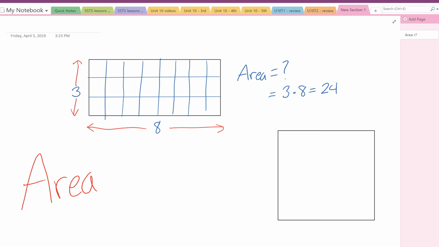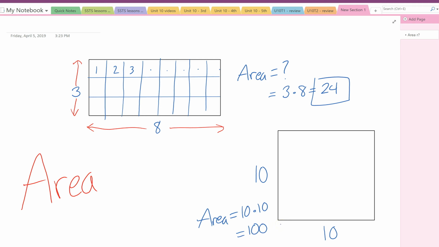And so then if I went through and counted up all these squares, I would get 24. But basically the idea is if you know the base and the height of a rectangle, you can calculate its area. Same goes for squares. If I knew that this square was 10 by 10, I would just multiply those together, which I know is 100.